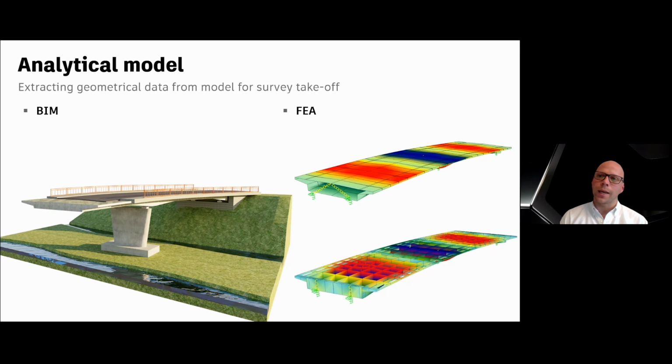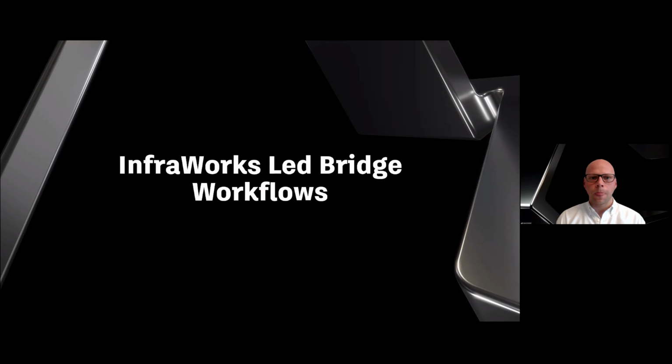Later on, you can enhance your model with analytical components, for example the supports, the constraints, the loads, combinations, and so on. And you can calculate your bridge as well. So with the FEA solutions, I would like to finish my part and hand over to Ara for the InfraWorks workflows, and I'm really looking forward to it.